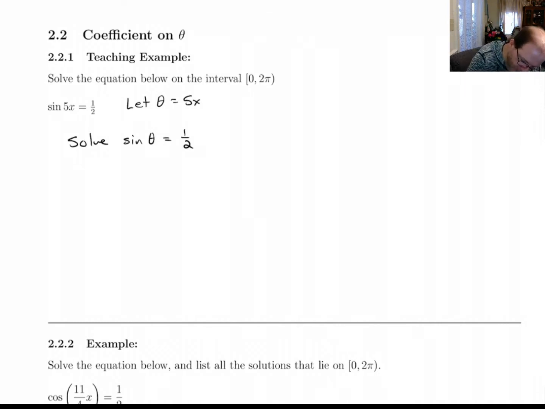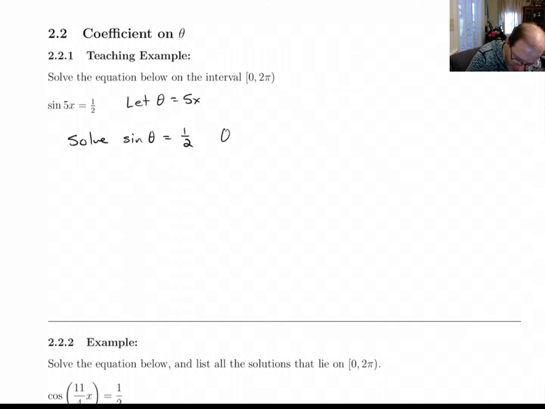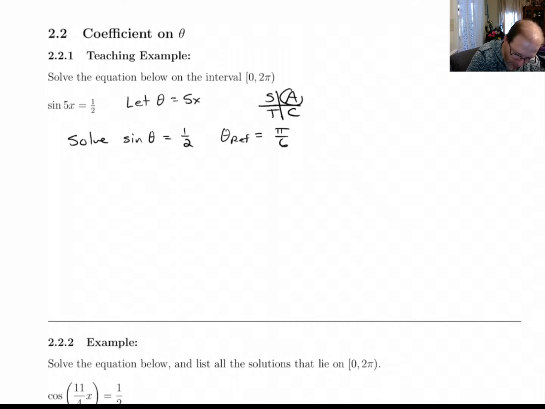Okay, so this is just like what we did before. If sine theta is 1/2, we know that the theta reference angle is going to be pi over 6, and we're going to be in quadrants 1 and 2. So that gives me solutions of theta is equal to, in quadrant 1, pi over 6, and in quadrant 2, 5 pi over 6.